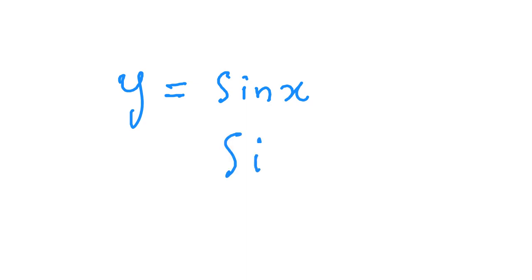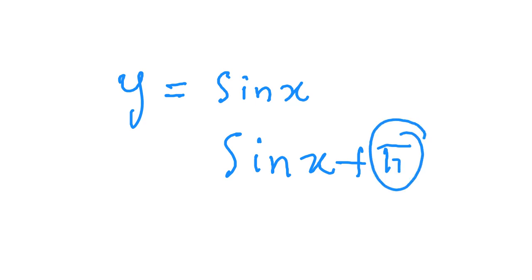Here we have y equal to sine x, and you want to have a vertical shift for this. What we mean is we can have sine x plus pi or something, a constant. This constant is going to shift our graph vertically.